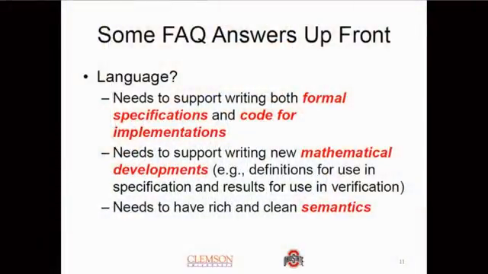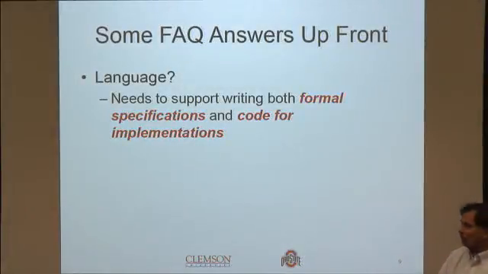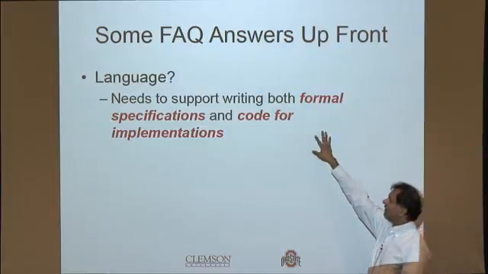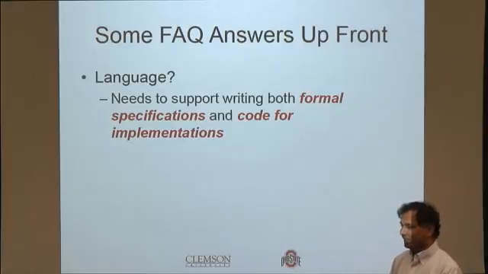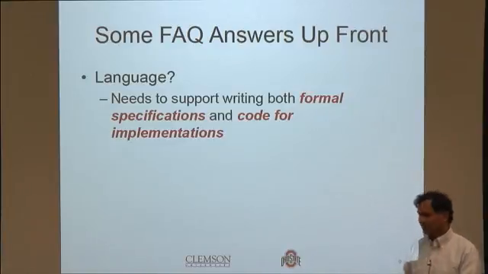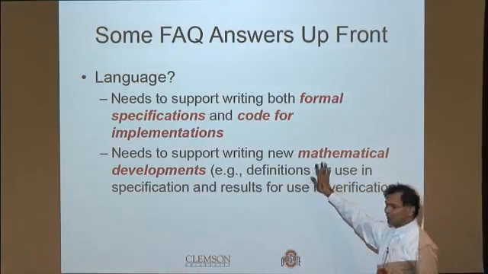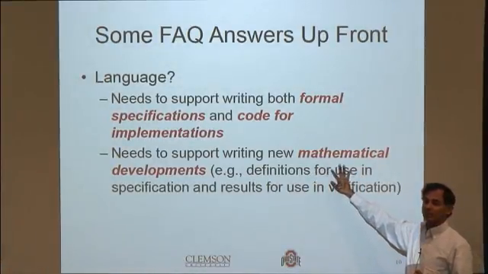So, a small set of questions. For this audience, these things might be obvious, but generally, in order to do this, you need a language that supports specifications in code. It's not going to be a meaningful exercise otherwise. We need to support new mathematical developments. Now, this may not be very obvious, and the implications of this are pretty serious.